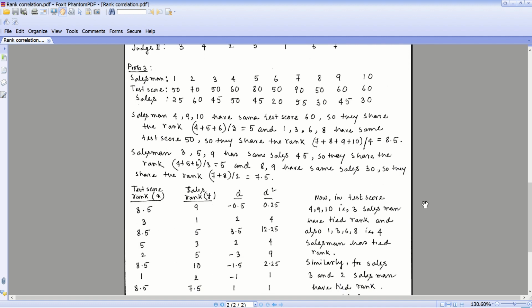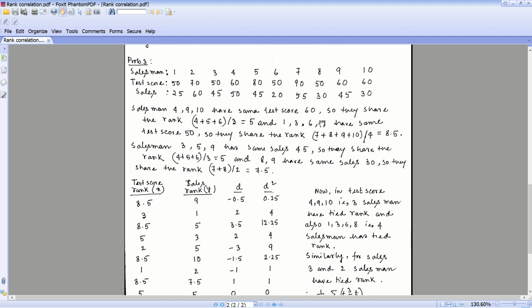So in the first test score value, you can see how many numbers are involved in a tie. Three numbers are involved in a tie, that means there are three 50s. Here also there are three 60s. Here there are four 50s. Here there are three 45 values. Here there are two 30 values.